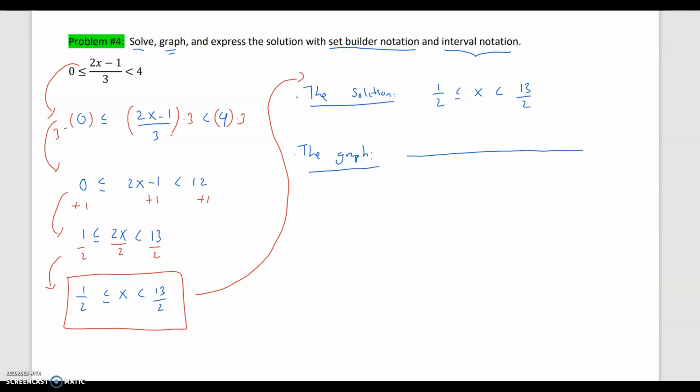Okay, so let me just put it on the number line. And most of these they're going to give you the grid, and then you just basically click on the dots. In this case, I'm just going to put 0 here, not to scale. This is going to be 1/2. And this represents 13 halves.